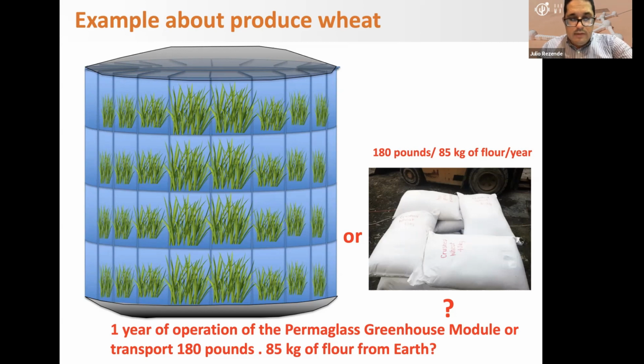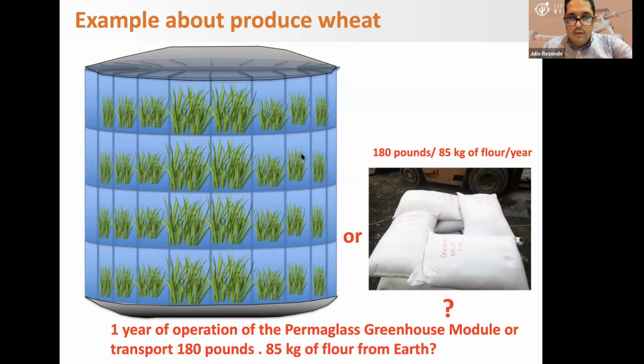During a year, it's only possible to produce 2 cycles of wheat. One square meter to produce wheat is only able to produce around 400 grams of wheat.